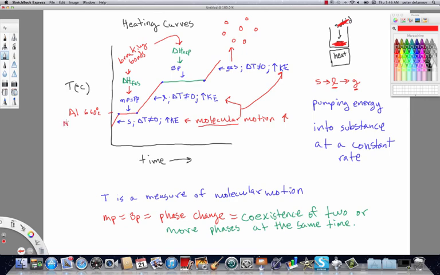If this was sodium chloride, the melting point is 801 degrees centigrade, and we would be breaking ionic bonds. If the substance was water, the melting point would be 0 degrees centigrade, and we would be breaking molecular bonds.